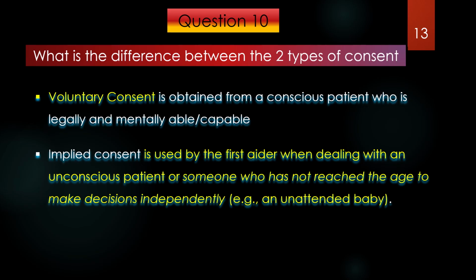You use implied consent if that baby needs help and there's nobody around, no mother, no father, no guardian around. Otherwise, if the person is conscious, an adult, and legally and mentally able and capable, you go for voluntary consent.